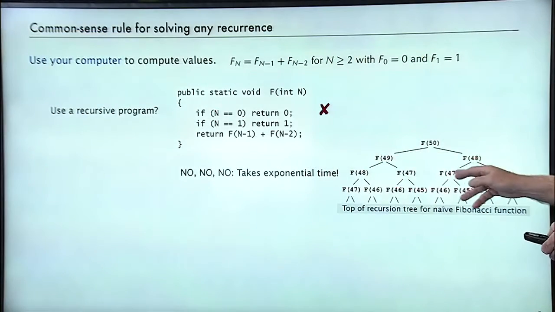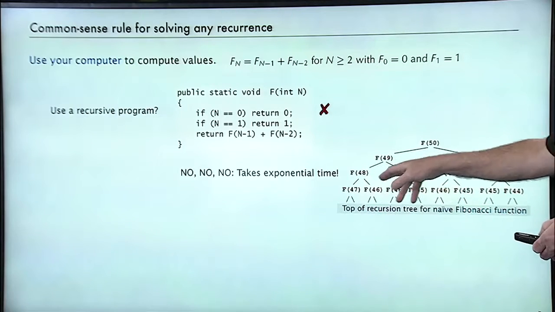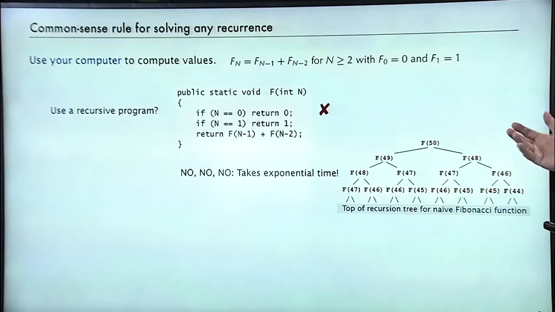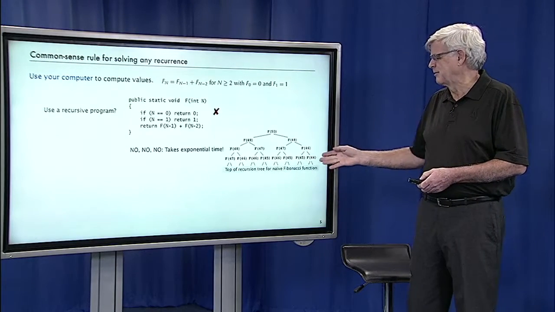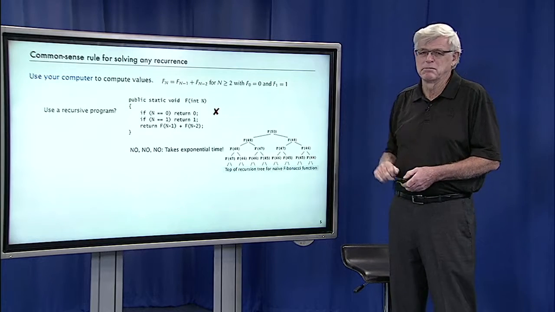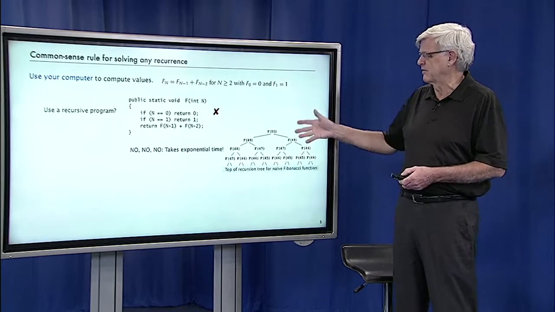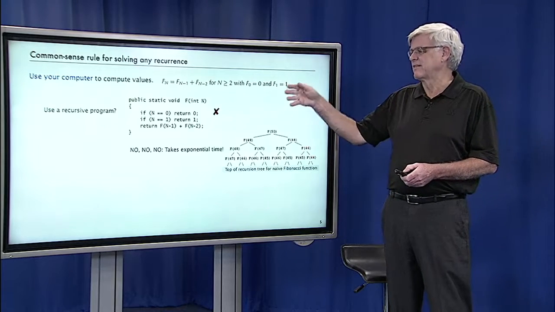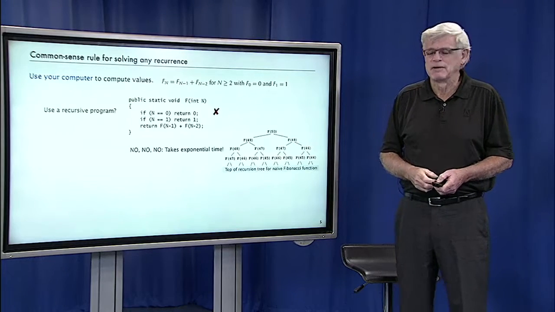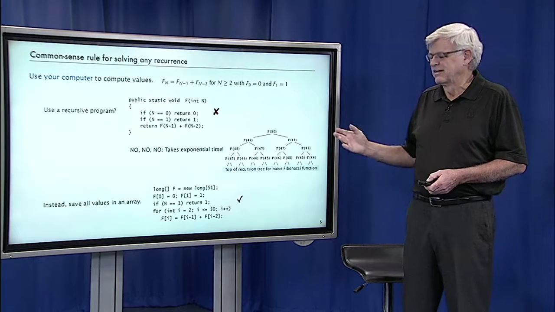F of 48 twice, f of 47 3 times, f of 46 5 times, and so forth. Actually, it takes exponential time to compute this, so it's not going to complete even for f of 50. It's much, much too slow. So it would be nice to think about using a recursive program, but we don't do that in practice.